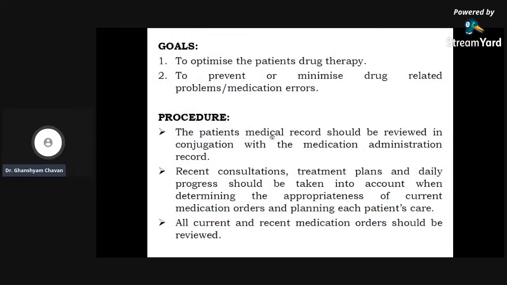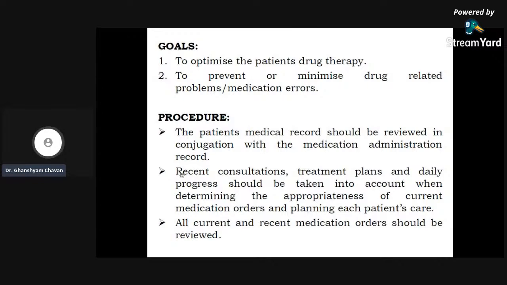If our administration list has a drug like cefixime, it will produce an allergic condition. That's why, after checking his medical record, we will not include that drug in our administration record. We will try to remove that drug, or replace it with another safe drug which won't produce any toxic effect or allergic condition in the patient. In this fashion, we have to go with these points.